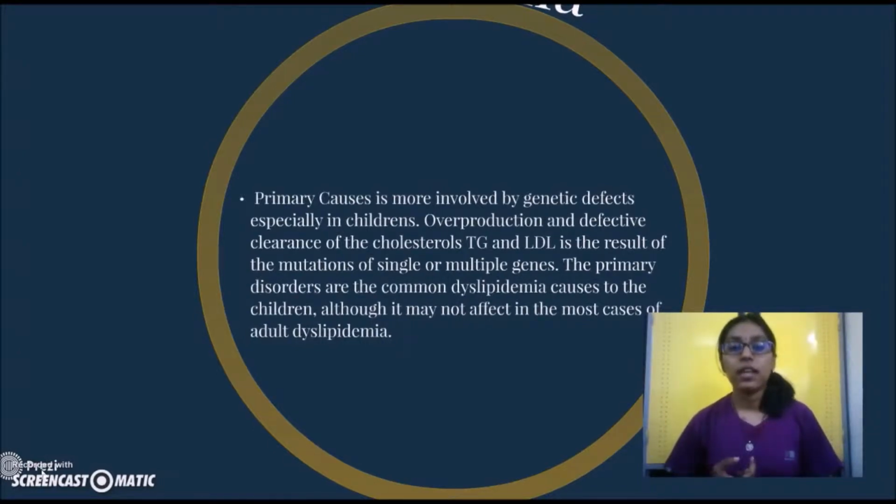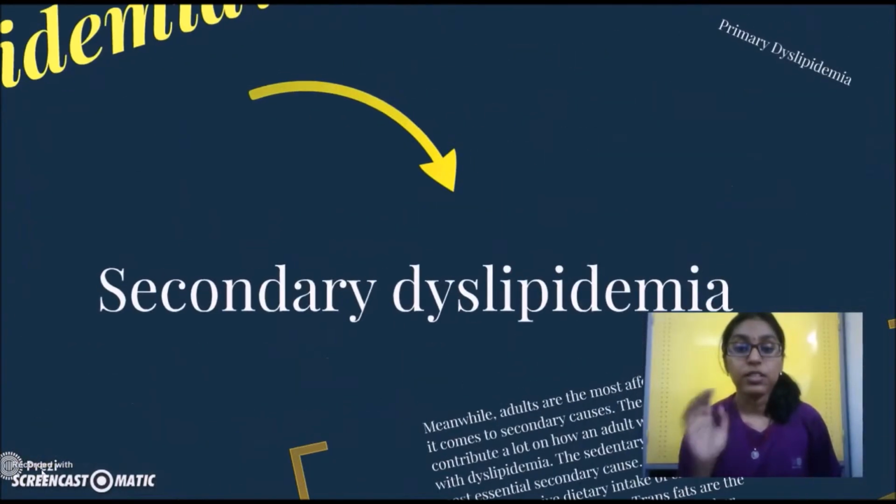The overproduction and defective clearance of cholesterol, triglycerides and LDL cholesterol is the result of mutation of a single or multiple genes. The primary disorders are the common dyslipidemia cause in children, although they may not affect most cases of adult dyslipidemia. Next, we're going to talk about secondary dyslipidemia.